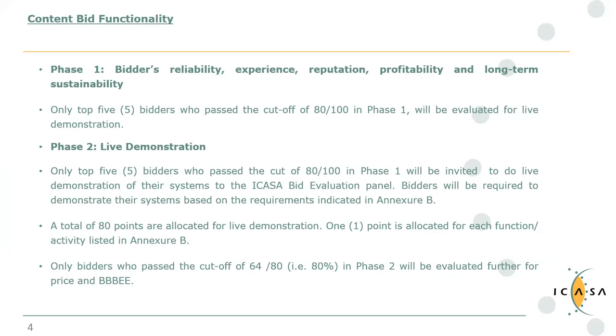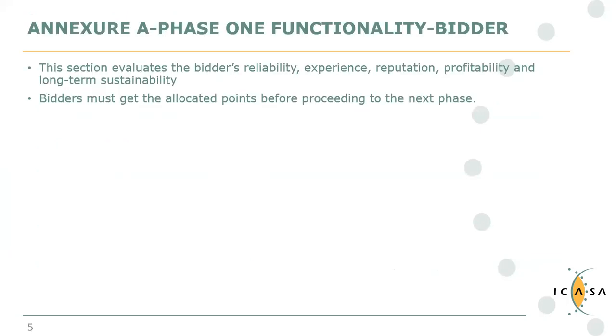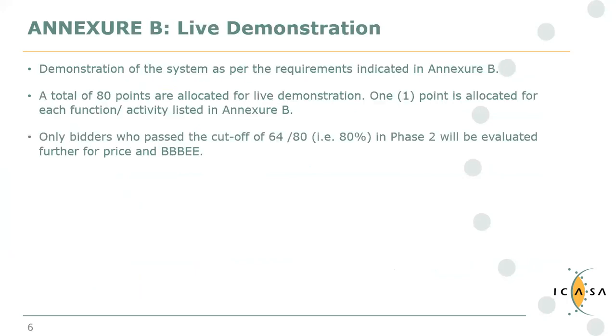Content bid functionality, phase 1: bidder's reliability, experience, reputation, profitability, and long-term sustainability. Phase 2 is live demonstration. This section evaluates the bidder's reliability, experience, reputation, profitability, and long-term sustainability, and bidders get allocated points before proceeding to the next.